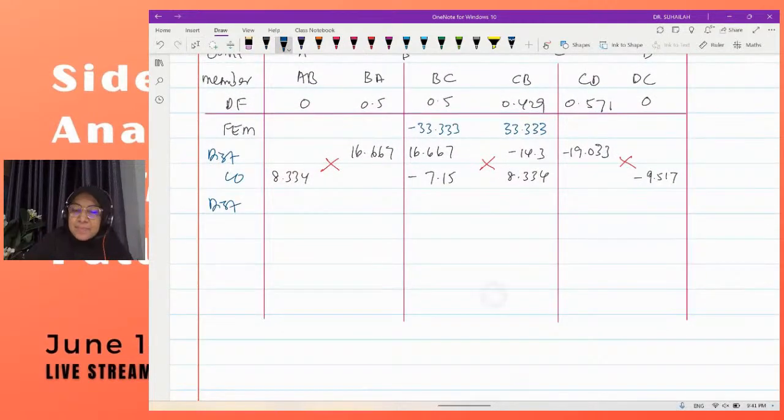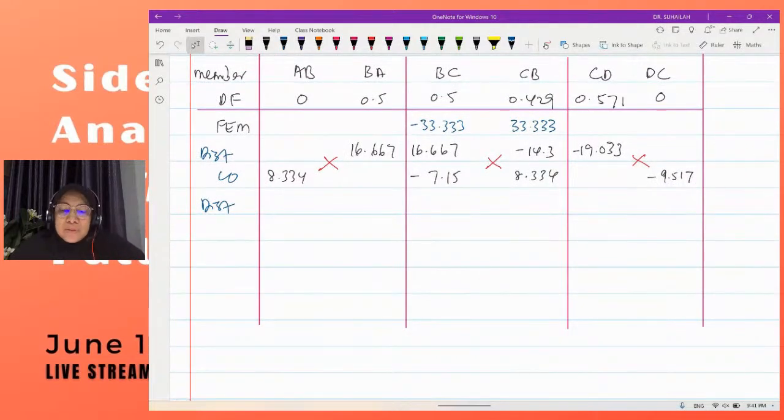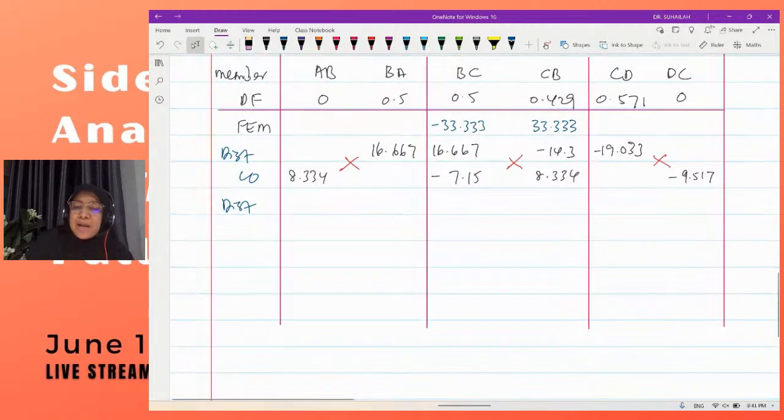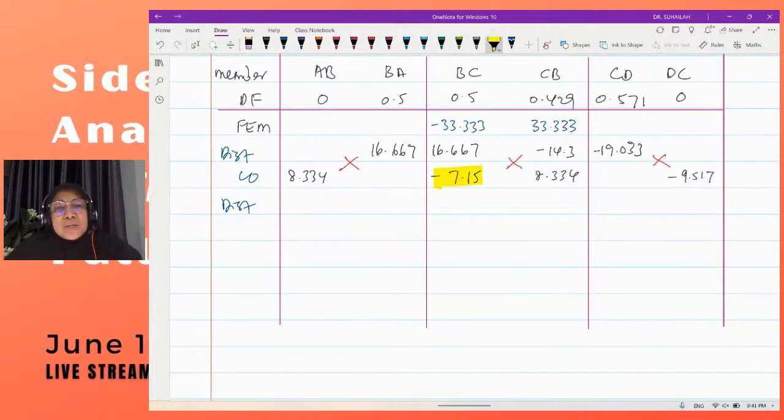Distribution. 7.15 times 0.5. We will get both positive. Now we move to this. The joint moment is 7.15, so we have to distribute into BA and BC. We multiply by 0.5.